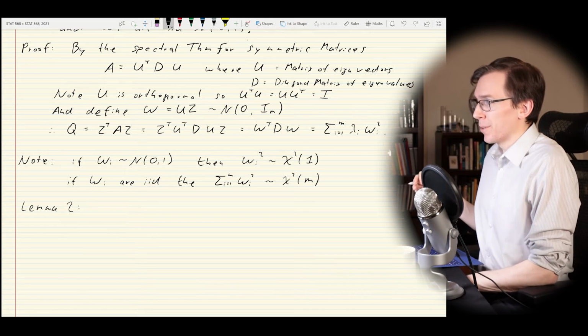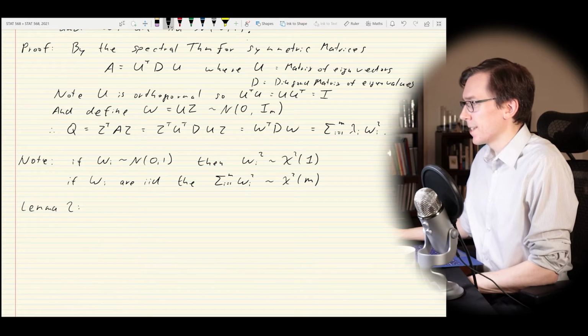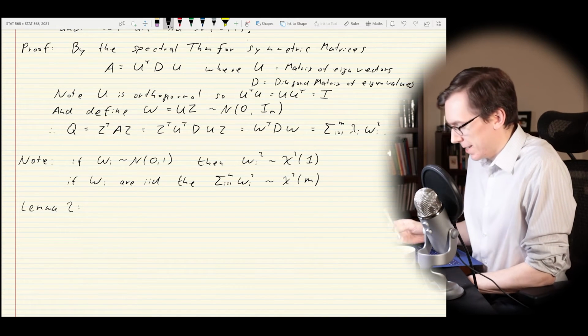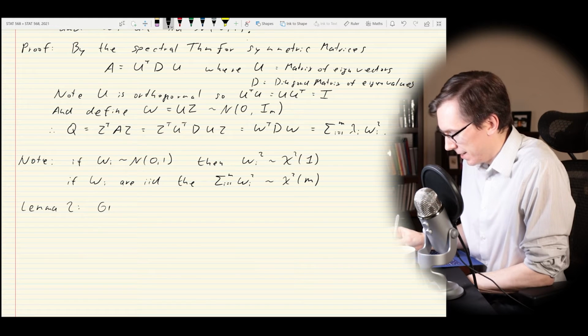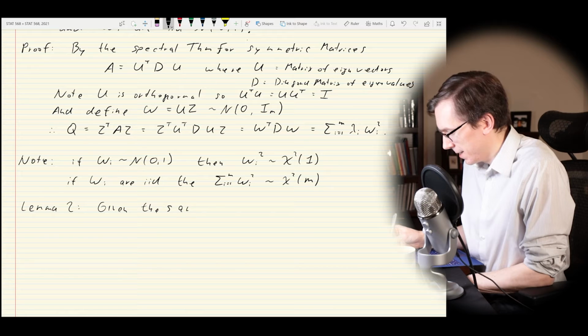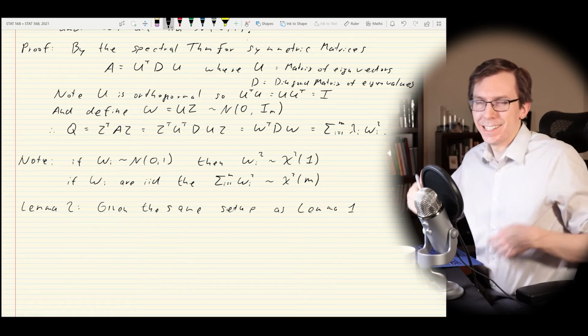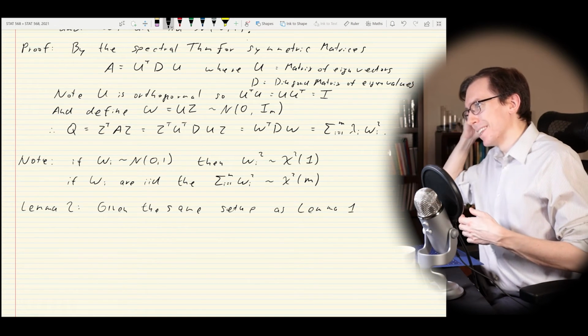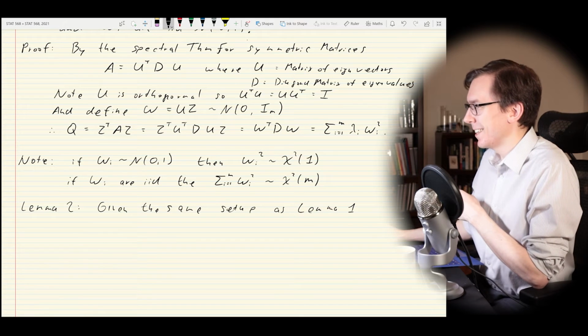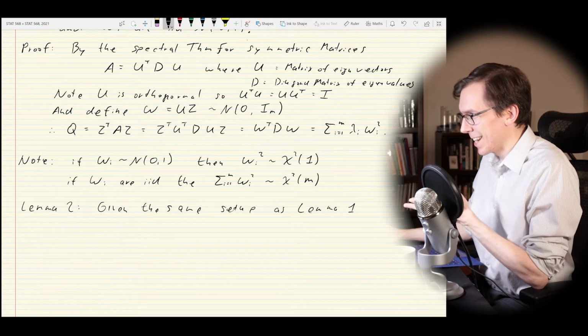Right, so for lemma number 2, to get us to Cochran's theorem, given the same setup as lemma 1, the W and the Q and the A, et cetera.